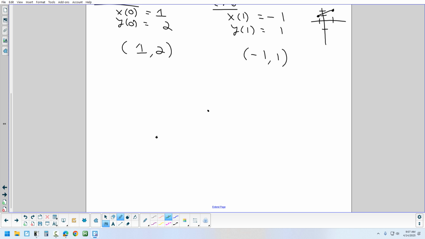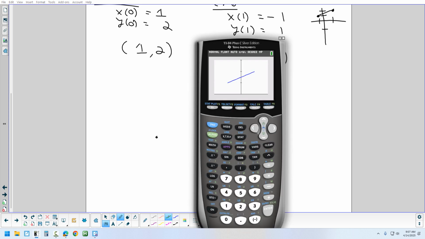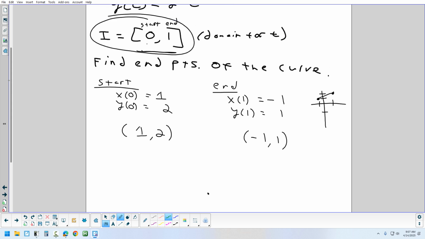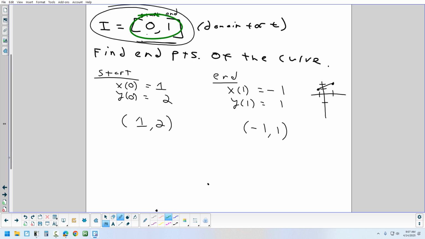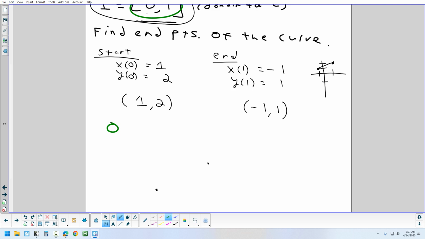When you do 0.1, okay, the way I have it right now, that means you're going to work with this interval. You're going to start at 0, and you're going to end at 1. Those 2 points you're definitely going to plug in for t.